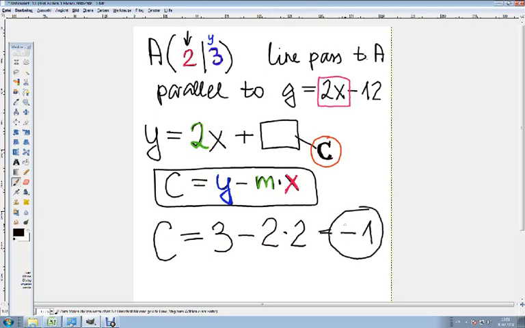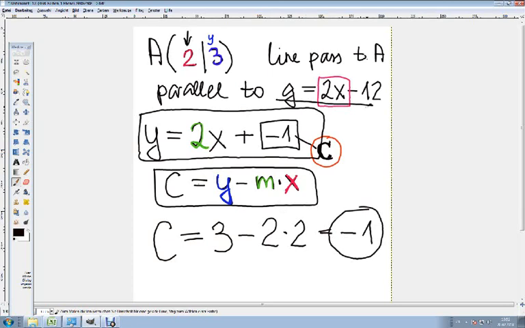So my c is minus 1, and I can put my minus 1 here. It is my result: 2x minus 1 is my line, passing through the point 2 and 3 and also parallel to the given line 2x minus 12.